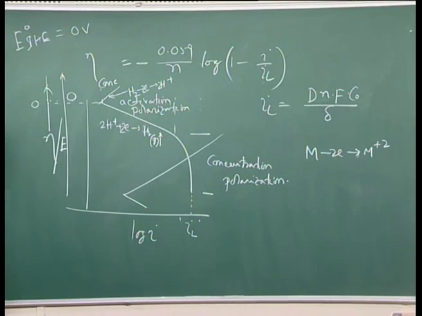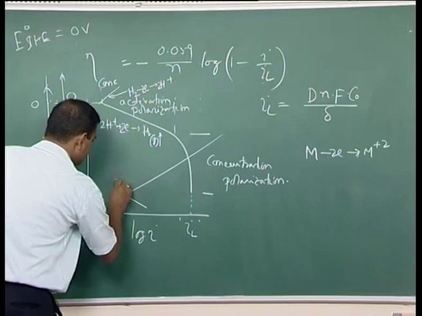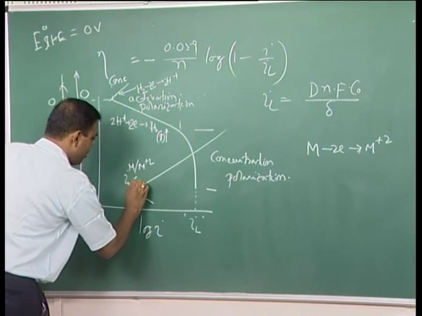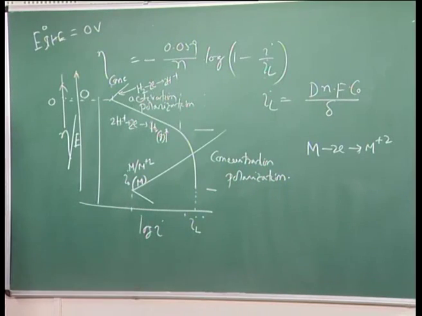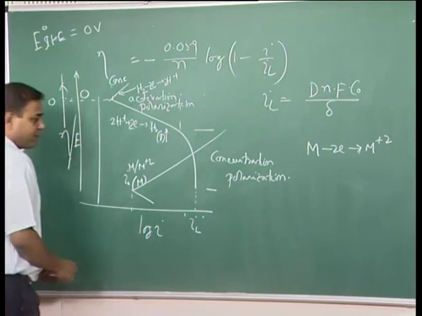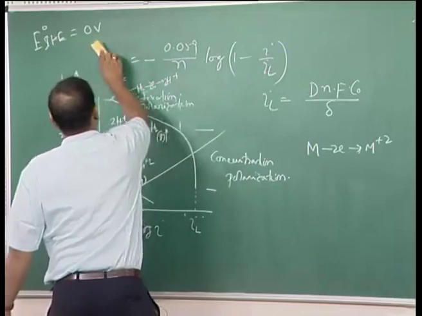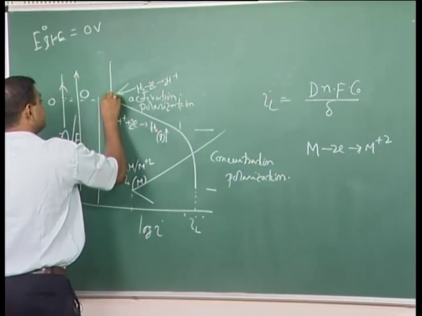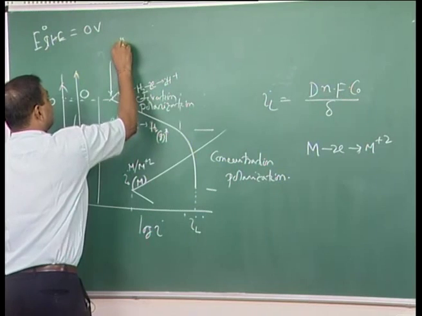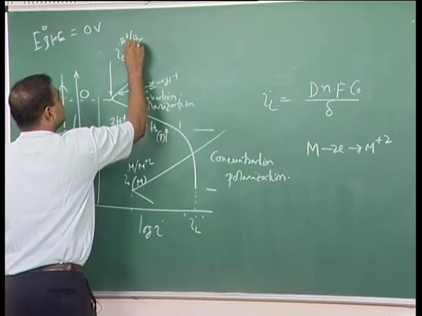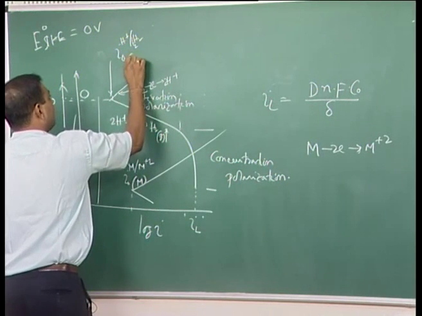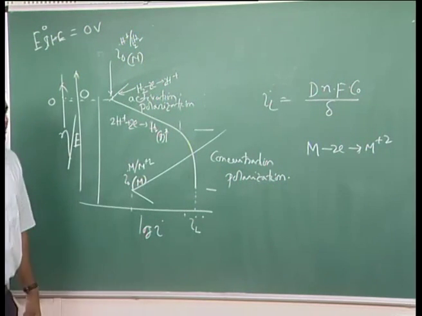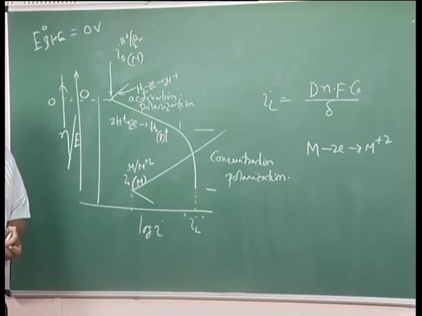This is my I0 for the metal on the metal surface, and this is I0 of hydrogen on the metal surface. If the situation is like this, which one is my corrosion rate?